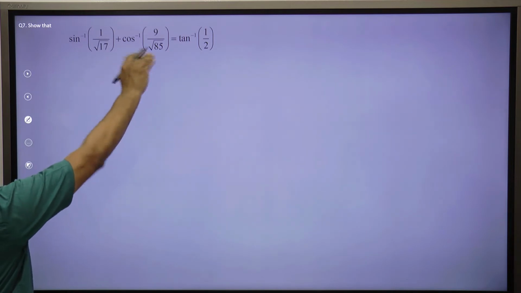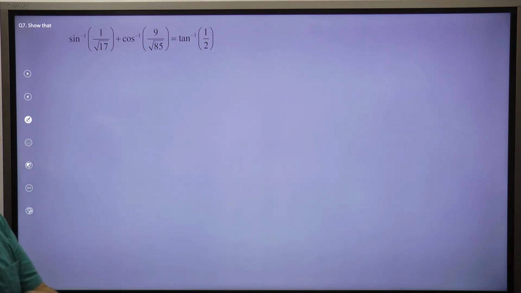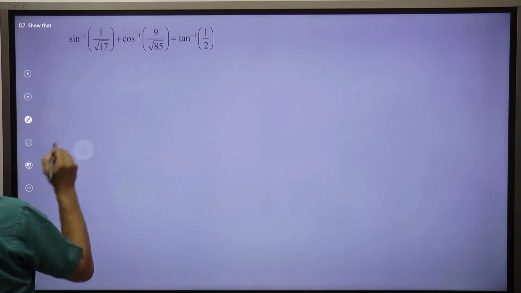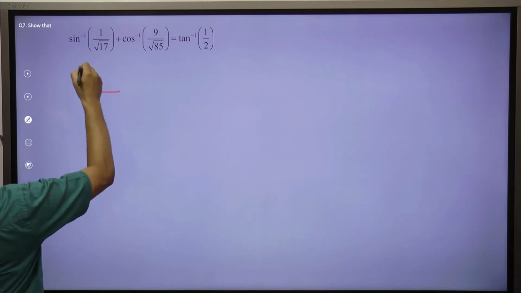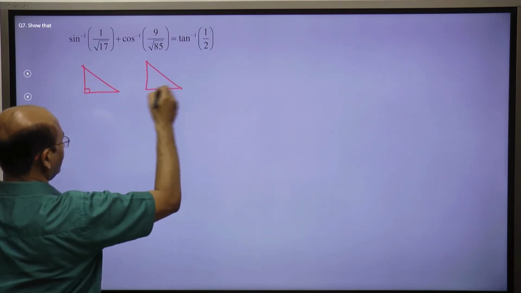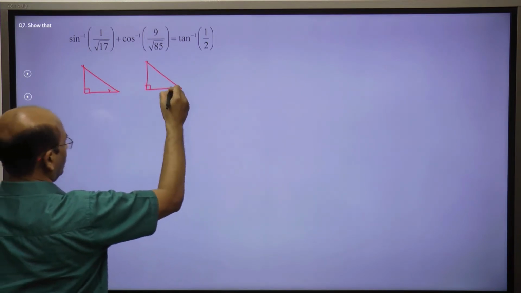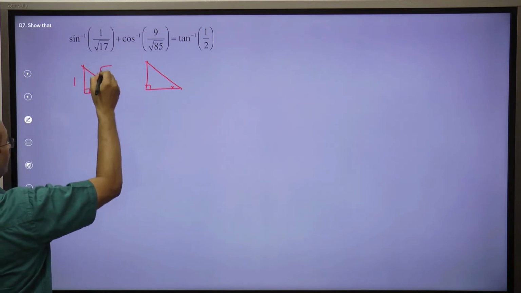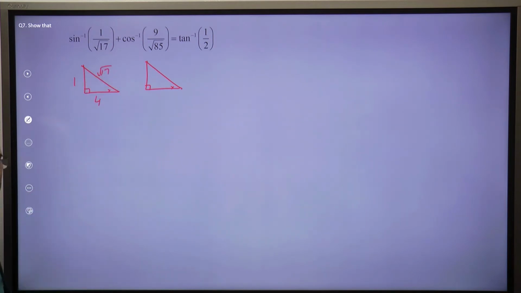Let us see this portion now. Sine inverse x plus cos inverse. Now I told you, you can do anything you want in working, it depends on you. So convert this, you can use the right angle triangle and work it out. This also you can use the right angle triangle. There are different Pythagorean triplets. I am talking about theta here. Sine is opposite upon hypotenuse, 1 over root 17. This will become 4, right?